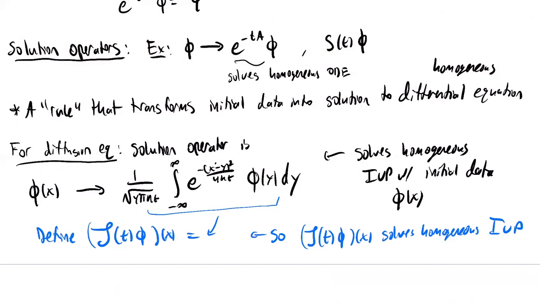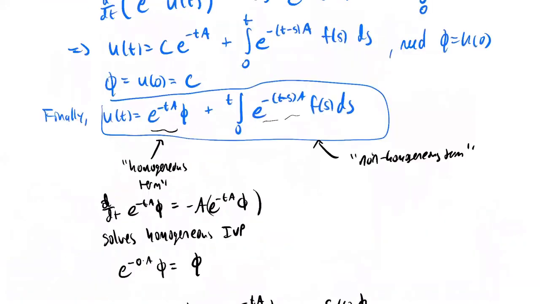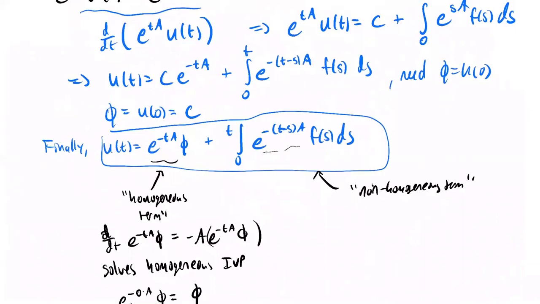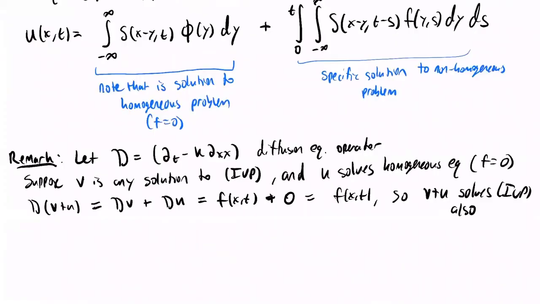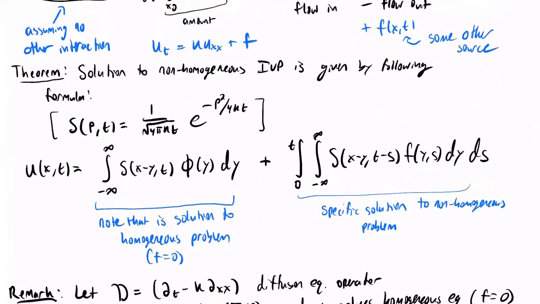Right. And so let's go back to the theorem that we're trying to prove. If I look at the theorem, we can see that I have the solution operator in the first term, which is of course the homogeneous term, but I also have the solution operator in the second term. If I ignore the integral in t and just look at the integral inside, I have my solution operator applied to my function f, except it's shifted over in time according to s.